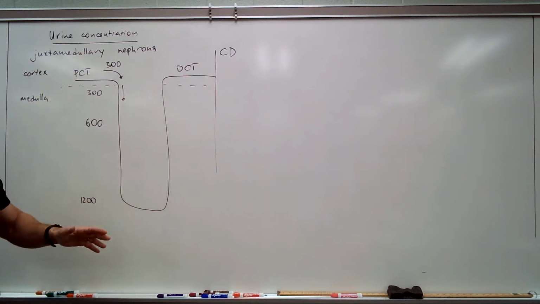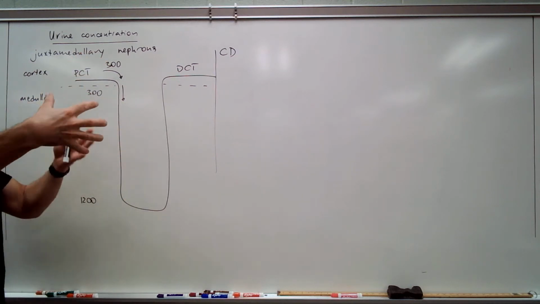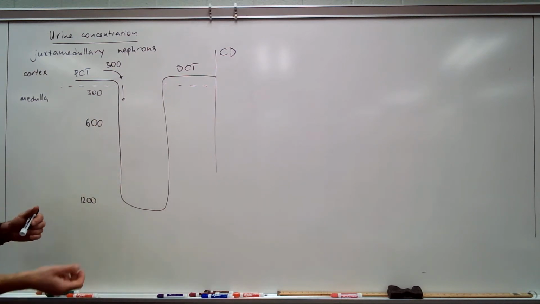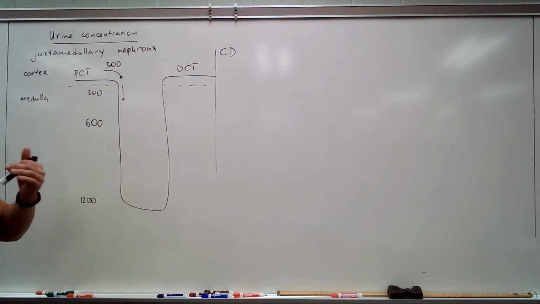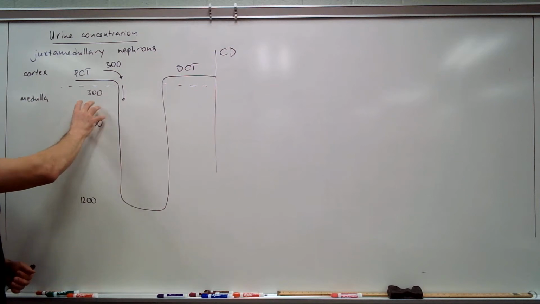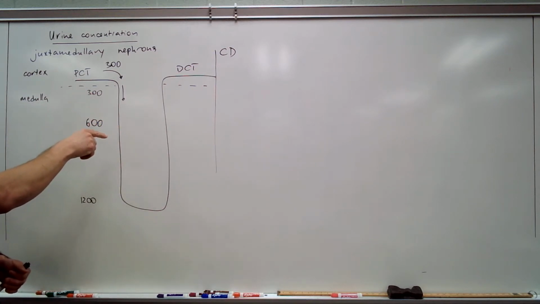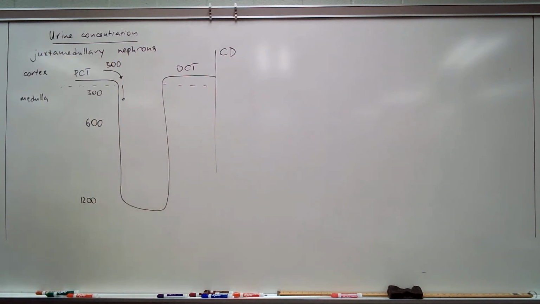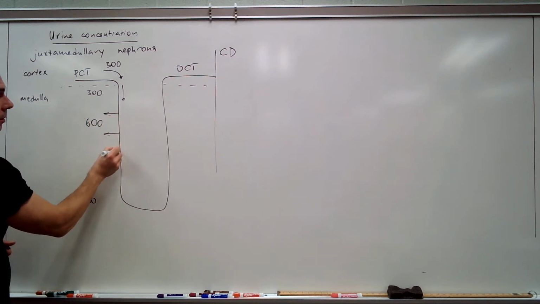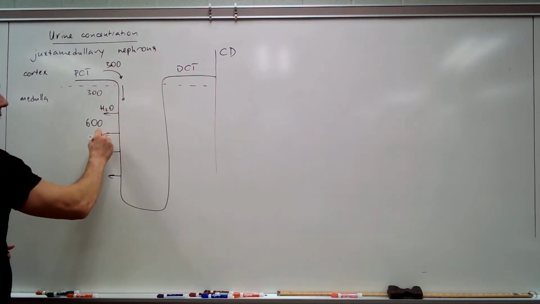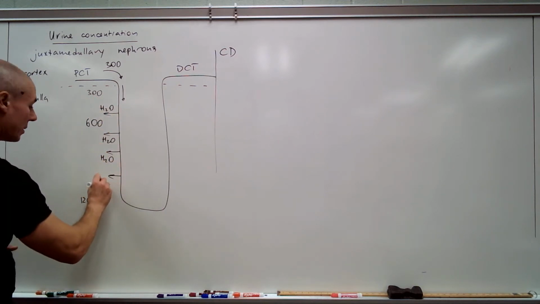Filtrate is supposedly 300, but outside of the tubule, the concentration is 600. So the concentration of whatever is much higher outside of the tube than inside of the tube, than in the filtrate. So remember, water would go to the higher concentration of solids. So water is being reabsorbed throughout. Does that make sense?